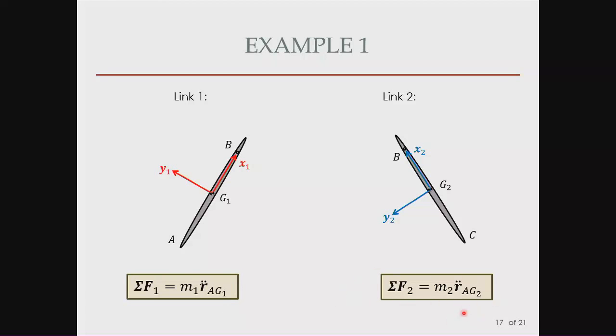Same for this one. Sum of forces on this link, you can write in any frame you want, as long as both sides of the equation are in the same frame. You can equate them. You can write this equation in different frames, and in those different frames it will appear slightly differently, but it will be equivalent information.